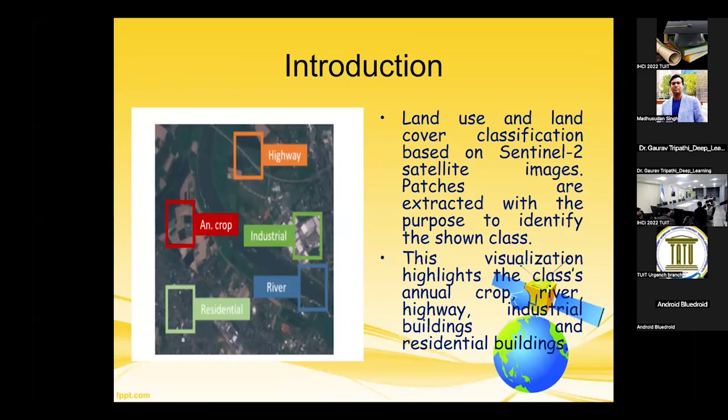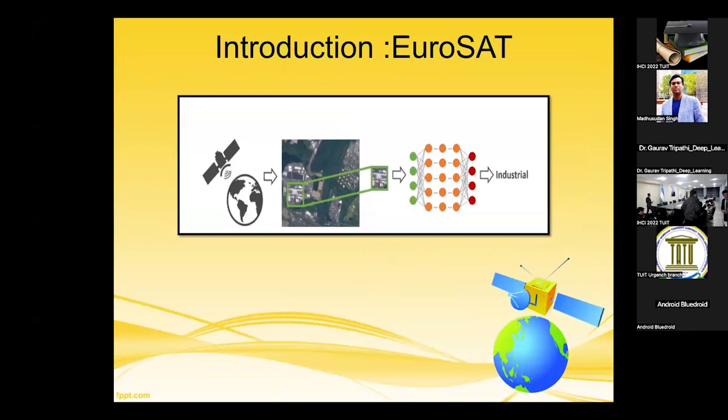So it is multispectral, covering 13 spectral bands in the visible, near infrared and short wave infrared parts of the spectrum. This image can explain that a satellite captures the image of the Earth, and most of these satellites are geostationary. They revolve with the Earth, and the geostationary orbit is around 36,000 kilometers from the Earth.